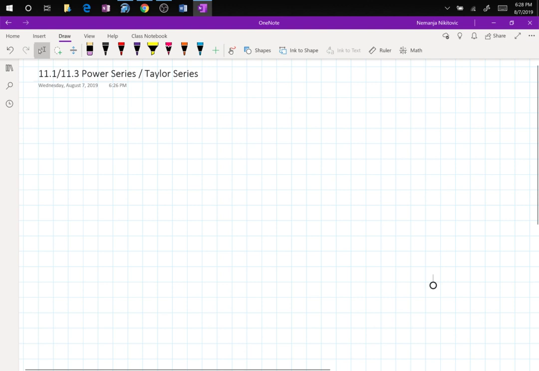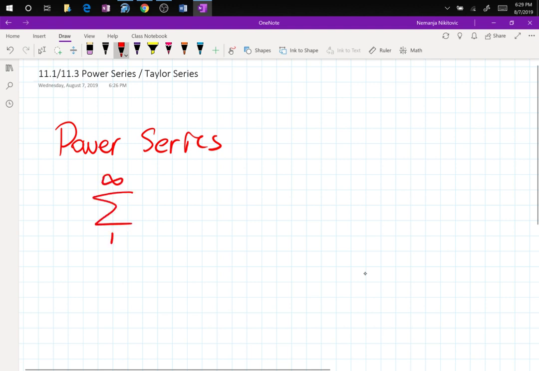So what is a power series? A power series is an infinite series. Let's say it starts at 1, goes to infinity, where you have some coefficient times x to the n. See, we are introducing a variable x inside a series.